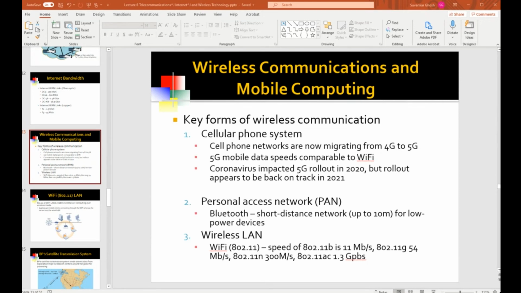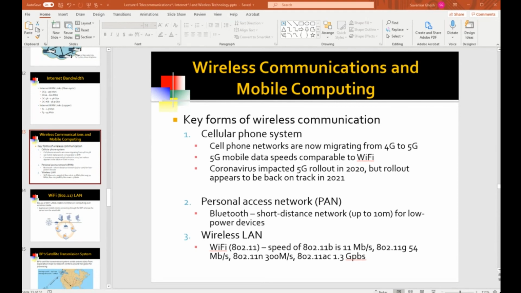The protocol standard is called 802.11, and it has gone from A to B to G to N. There's a lot of 802.11G out there, where the speeds are 50 megabits per second and above. There's also some 802.11N out there.